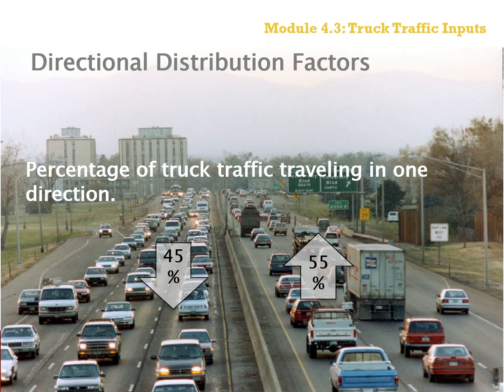For the example shown on the screen, the directional distribution factors for this specific roadway is 45% in one direction and 55% in the other direction. And again, that is only the truck traffic. That is not all vehicular traffic. The directional distribution factors only apply to the truck traffic.